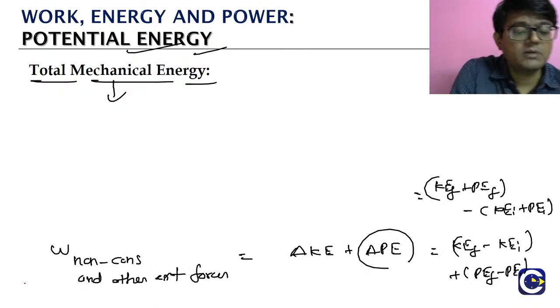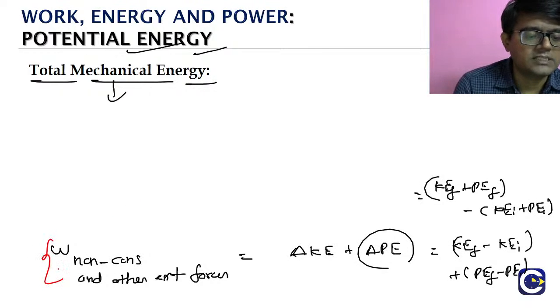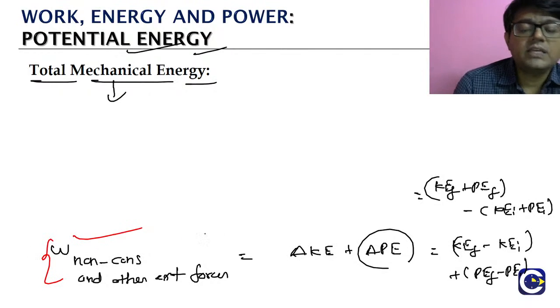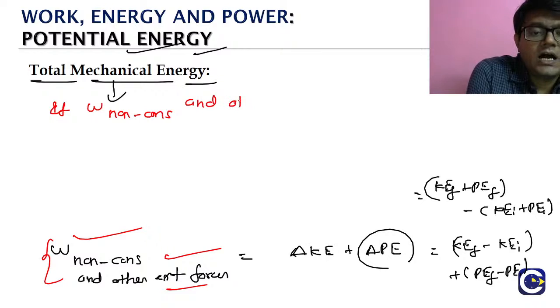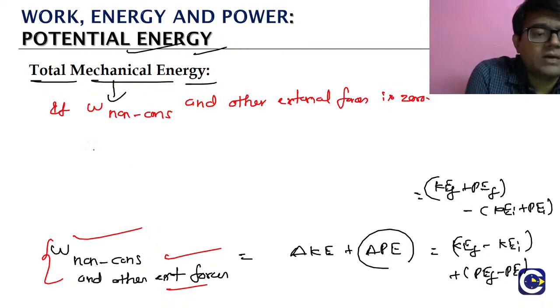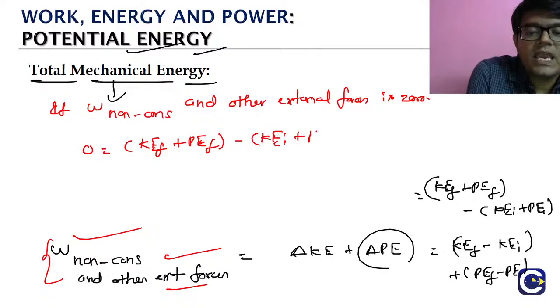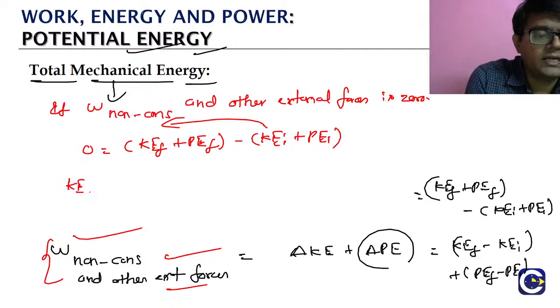Okay, so we are going to discuss one important concept here. If the work done by the non-conservative forces and any other external forces is zero, what will you get? The left hand side is zero, which is equal to K final plus P final minus K initial plus P initial. Look, this negative term we can bring to the left side, and it becomes positive.